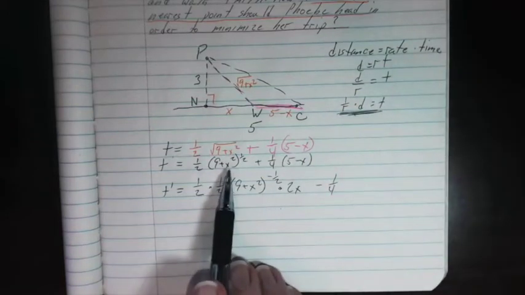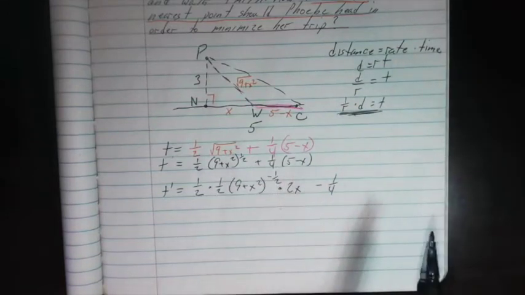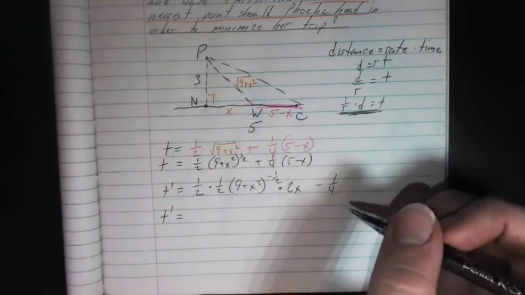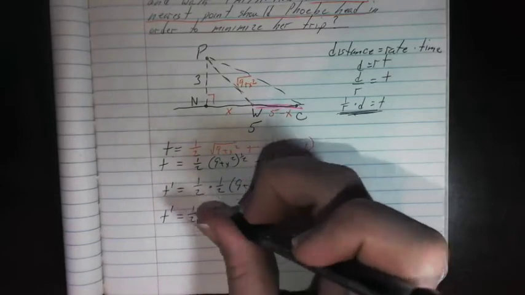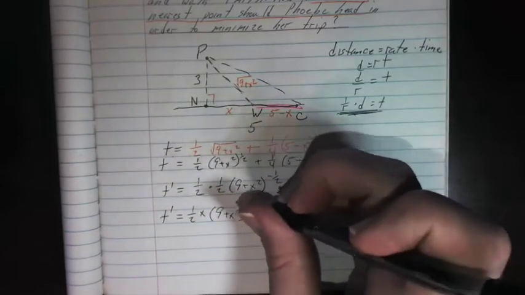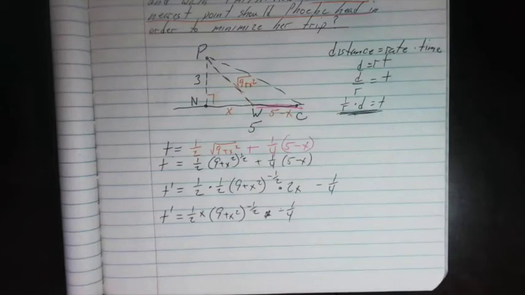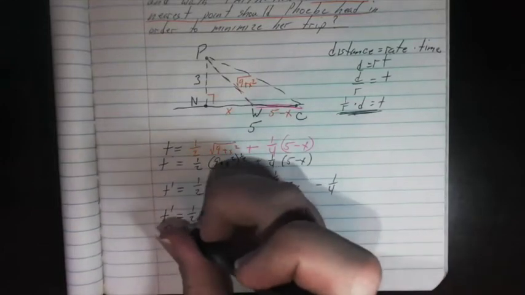Chain rule was used over here. This is simple power rule. We can clean that up a bit. Cool. Now we're going to want to set this equal to 0 and solve. Well, if I set that equal to 0, this is what I get.